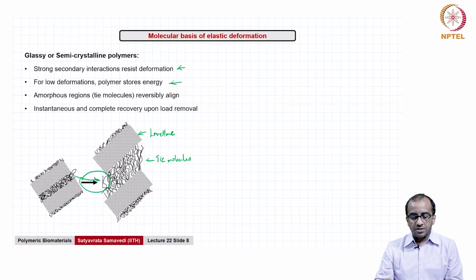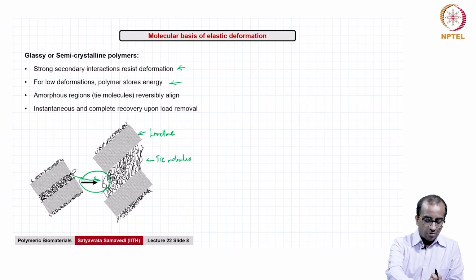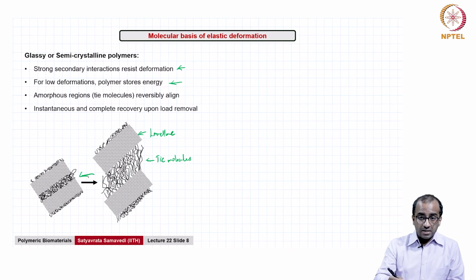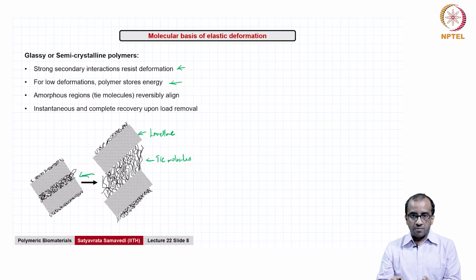So, the amorphous regions reversibly align in response to an applied load, and because they are anyway amorphous, once the load is removed, the material goes back to its original position. So, in this case the material can fully go back in the unloading cycle to the original shape, because you have not made any permanent changes to the network, namely the crystalline aspects of the material are still intact, and largely what you are trying to break are secondary forces and secondary interactions which can be easily reformed.